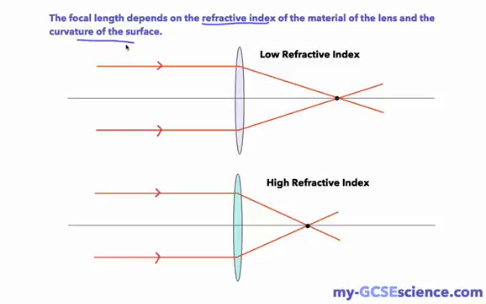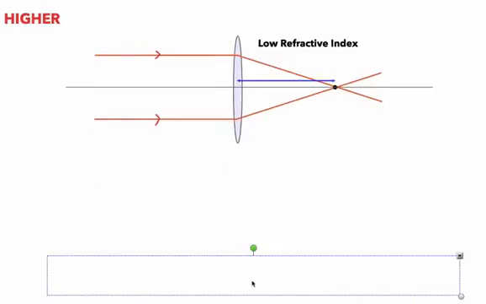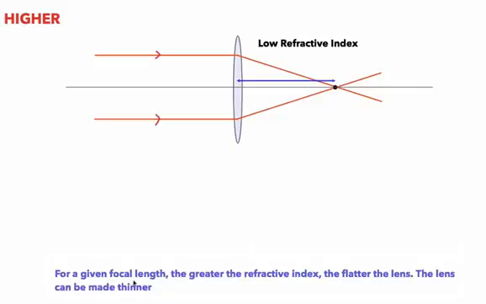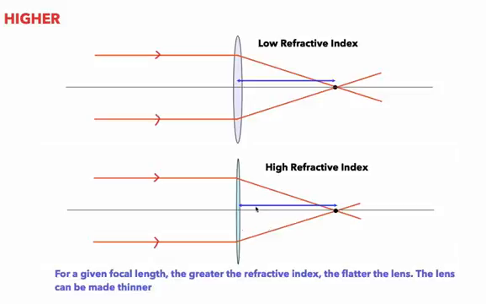That's quite important to remember. Now if you're doing the higher paper, it's also important for you to remember this: for a given focal length, the greater the refractive index, the flatter the lens. So let's keep the focal length the same as we have in this diagram here. If you look at the second diagram, we've got the exact same focal length, so that distance there is exactly the same, but we've got a material with a higher refractive index, and the consequence of that is that we can make the lens much thinner.